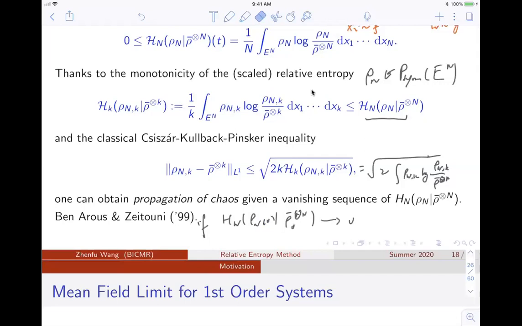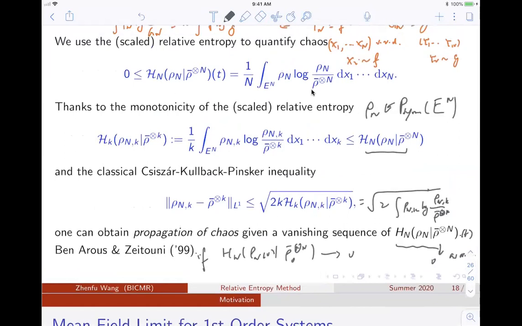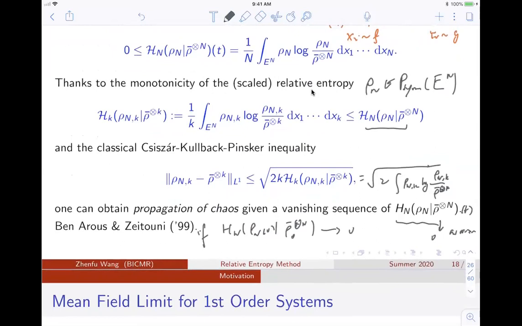So if we can show that at a later time this quantity is also very small as n goes to infinity, then we can get the convergence of any k marginal in L1. That's the idea. Once we obtain a vanishing sequence of the relative entropy, we can obtain strong convergence of any k marginal towards the limit.